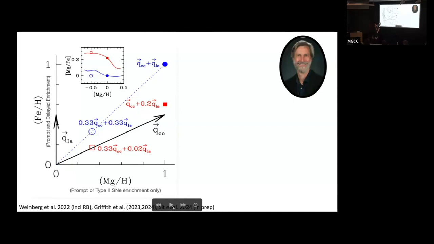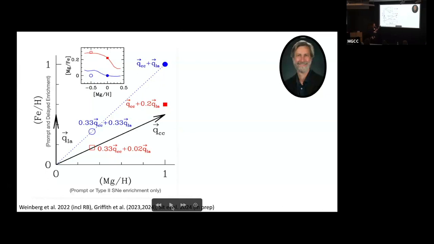The idea is for each position, I can split that into a vector that's described by a 1a component and a core collapse component. Does it make sense? It makes sense, but what's cool is you can also arbitrarily add dimensions and continue to deproject onto those axes, right? You could add a third dimension and this framework expands.